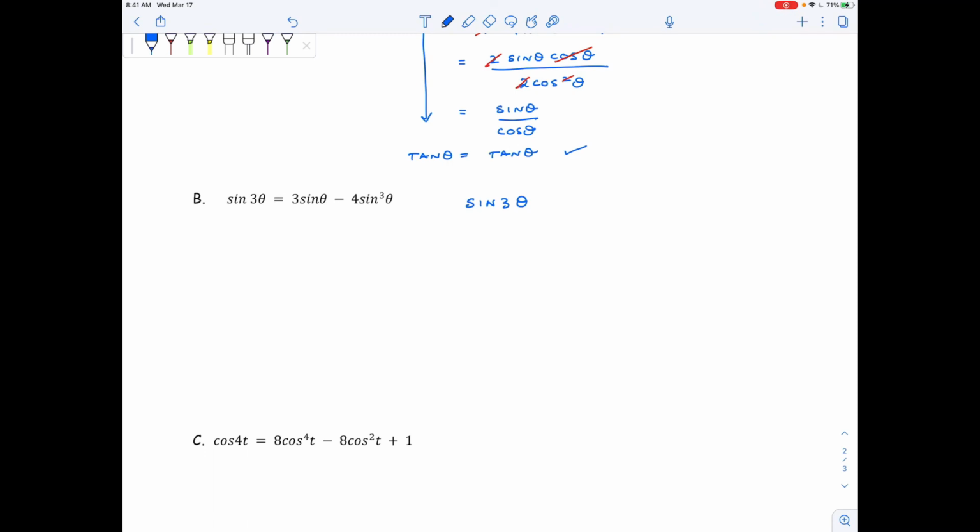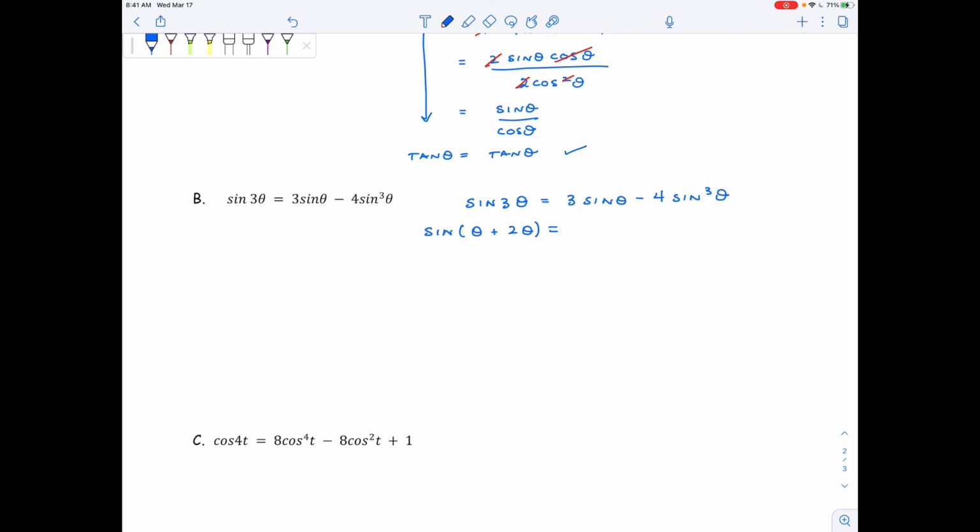Sine of 3 theta, and let me just rewrite this, can be written as the sine of theta plus 2 theta. And then we'll leave the right side alone. So this is one of the rare occasions that we're going to work with the left side, because the 3 theta makes it the more complicated side.